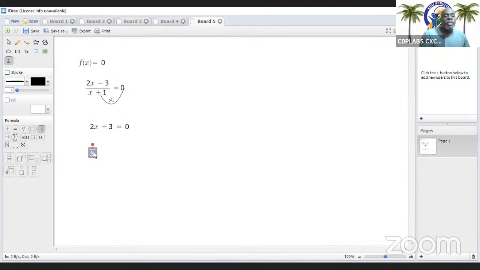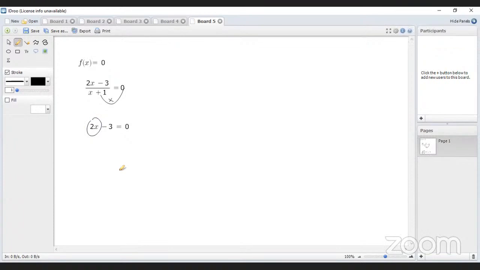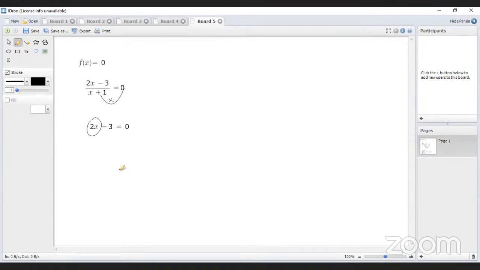Now, once you have 2x minus 3 equal to 0, they want to know the value of x. I normally tell my students to consider the 2x as an entire number. 3 from what will give you 0? 3. Good.